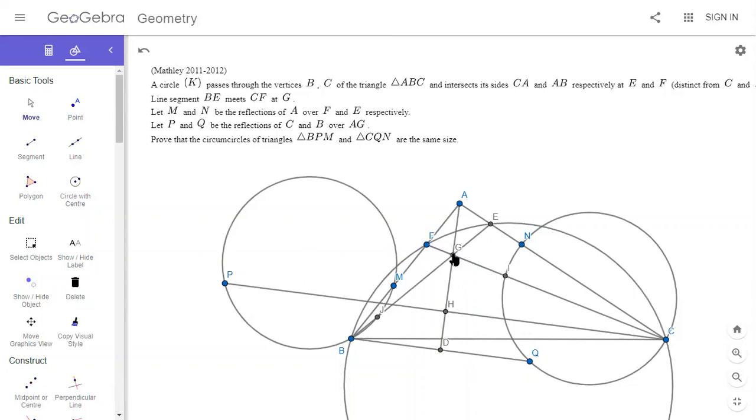I don't know if we've used the fact that they concur yet. What did you figure out about the cyclic quadrilateral BPCQ? BPCQ is an isosceles trapezoid, so yeah, we know it's cyclic. We just have to show G. So what is G? G is the intersection of BE and CF.